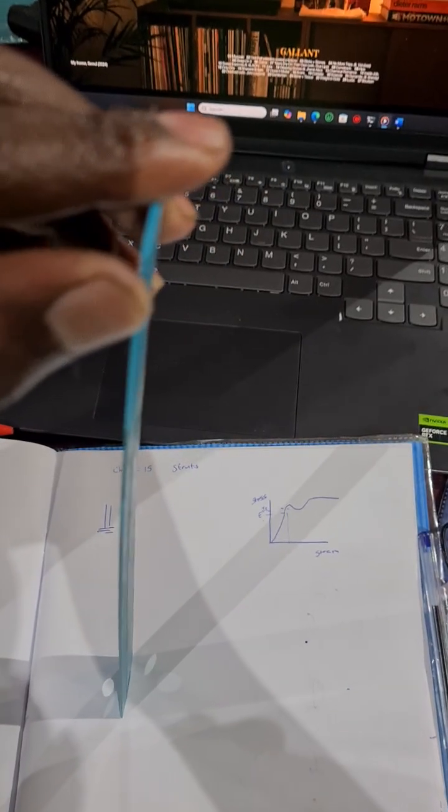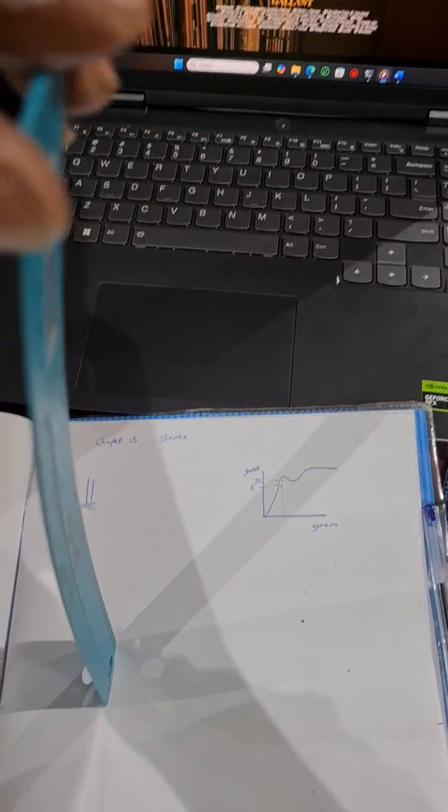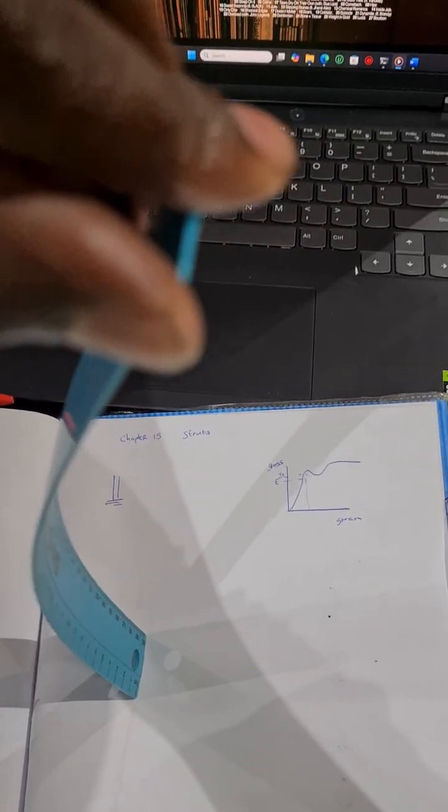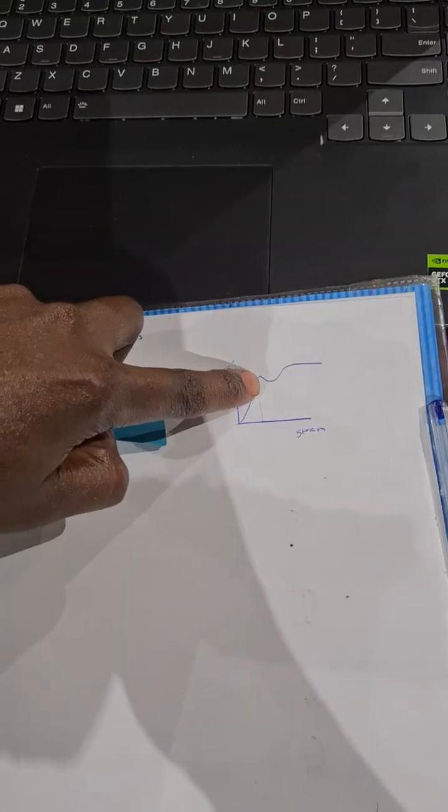So this one we can actually predict. But for the long column, even if we have not reached the yield stress, and the yield stress tells us where this material is going to fail, the moment we push, we haven't reached the yield stress, but it failed.